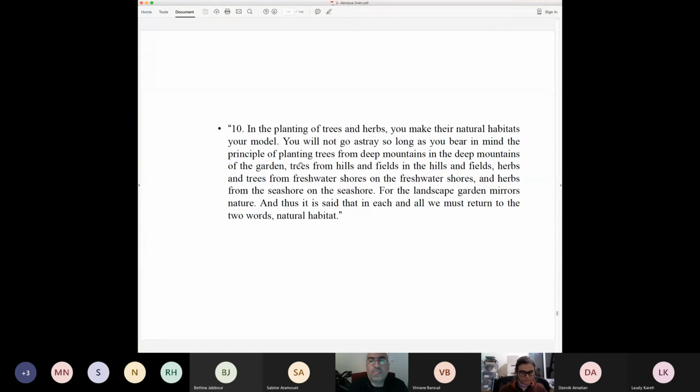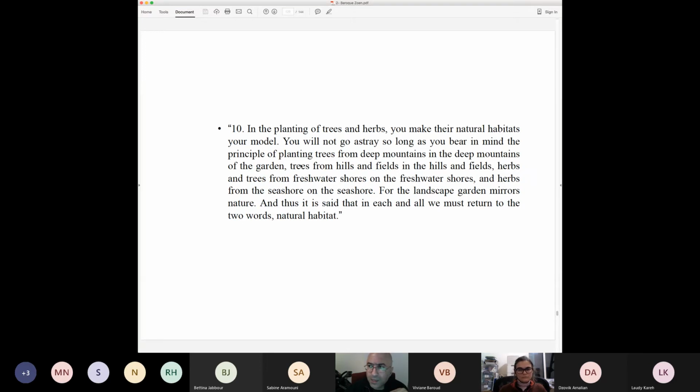Look at this in Zoen. This is again in Zoen's text. In the planting of trees and herbs, you make their natural habitat your model.